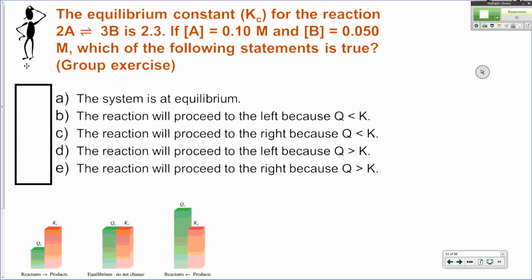Give a couple minutes. So the 2.3 is the value of K sub C, just to be clear.